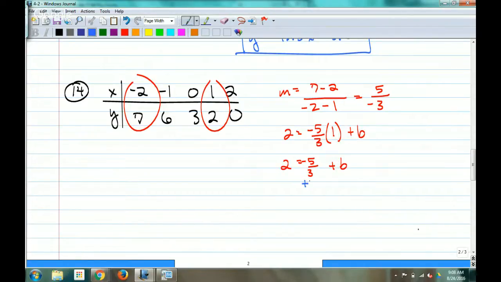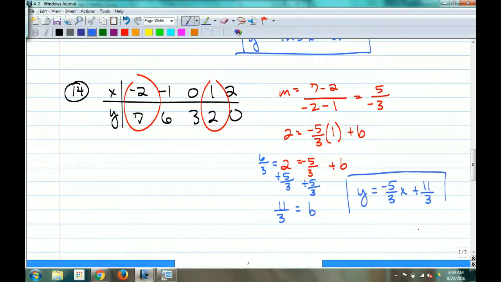This is 5 over 3, 6 over 3, so b is 11 over 3. y equals negative 5/3 x plus 11 over 3. Okay. That's my line of fit.